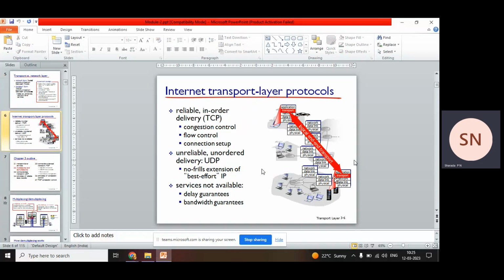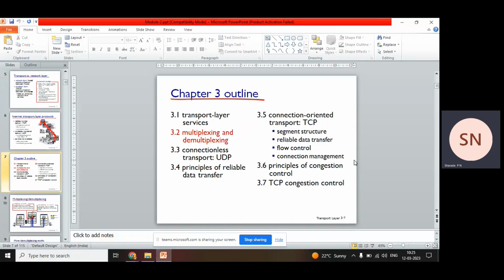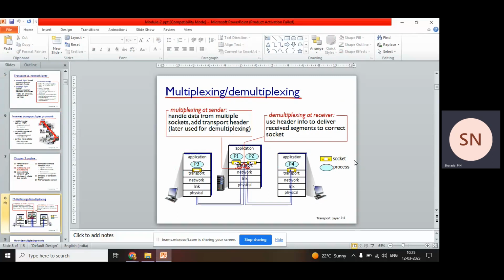Extending host-to-host delivery to process-to-process delivery is called transport layer multiplexing and demultiplexing. Next, we will see the concept of multiplexing and demultiplexing, but before that, we will look at UDP and TCP.